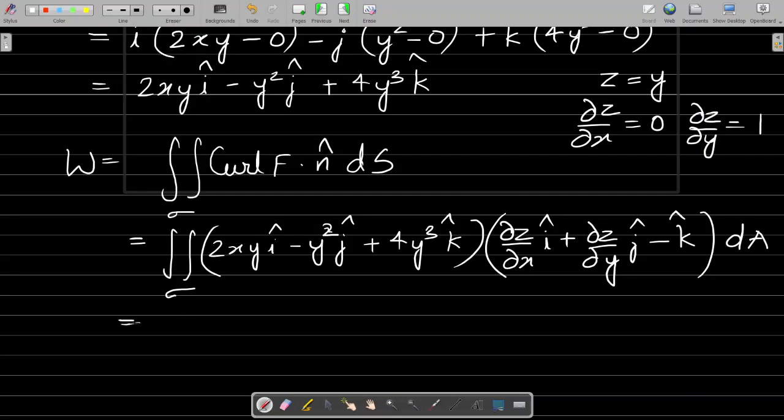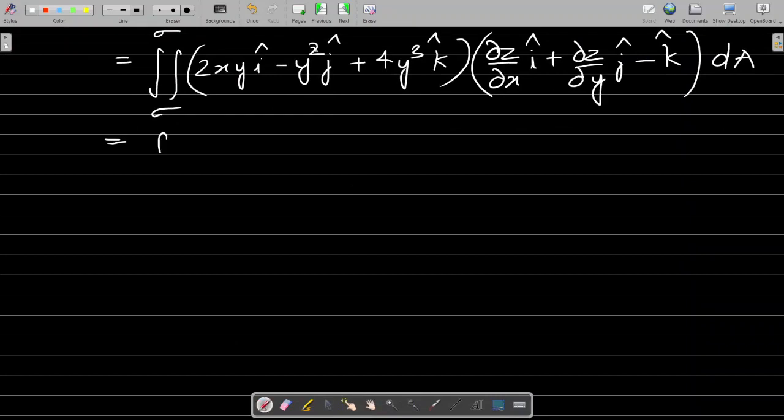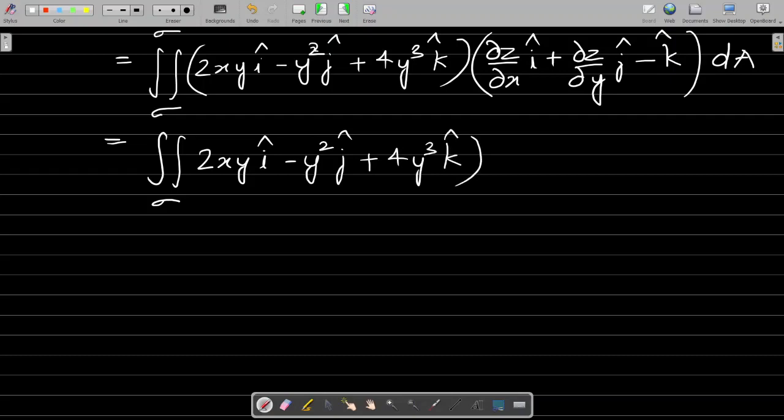So you'll be having this is equal to double integral over sigma of 2xy i minus y square j plus 4y cube k, dot product with, so just make sure you write the dot product there, 0i plus 1j minus k dA.